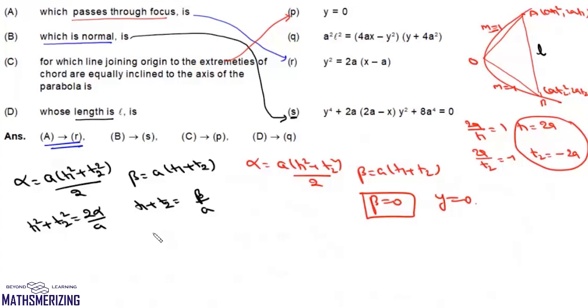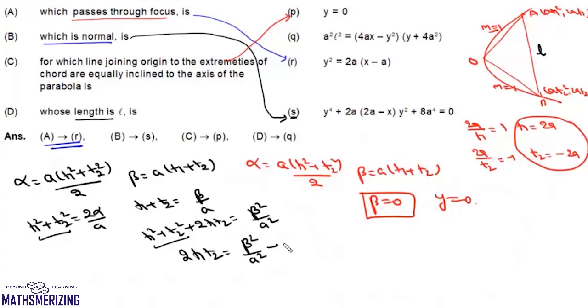Now we'll square it, we get t1 square plus t2 square plus 2t1 t2 equal to beta square upon a square. Now we'll put the value of t1 square plus t2 square, then we can write 2t1 t2 as beta square upon a square minus 2 alpha upon a.